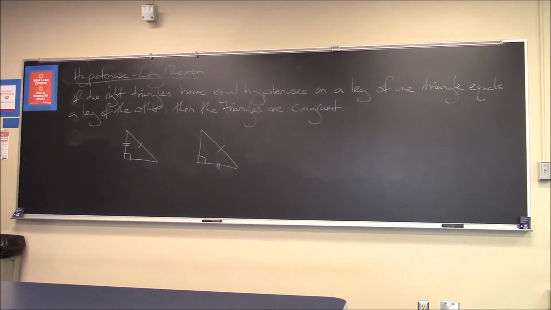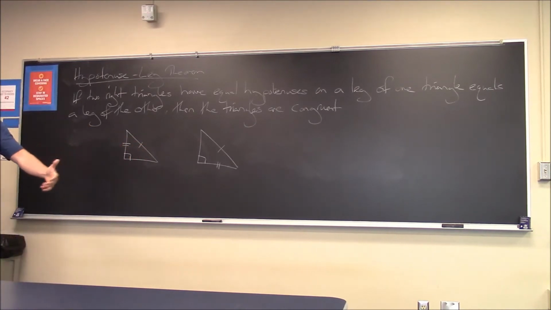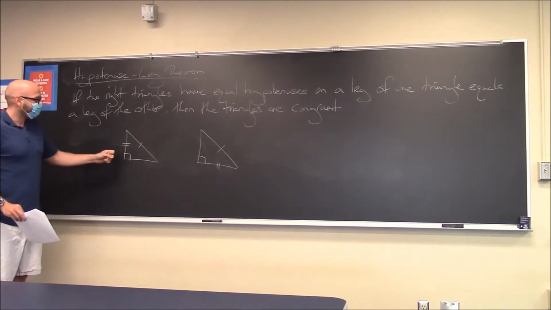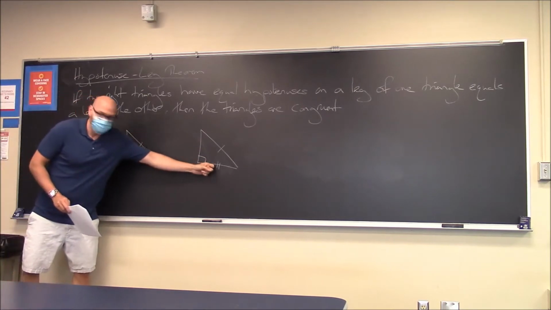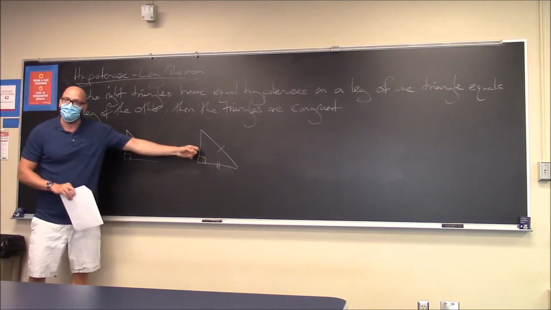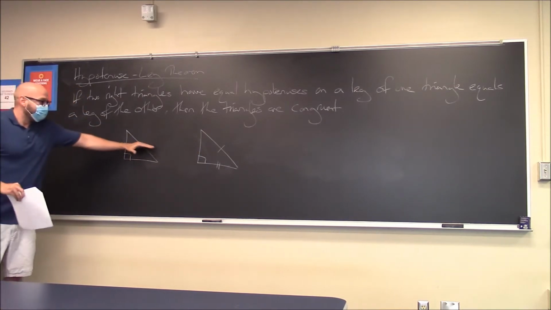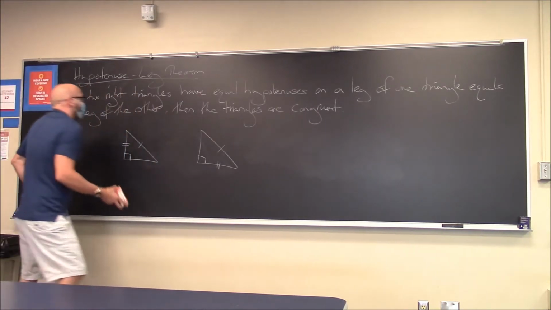That's why this is SSA for right triangles. And one very obvious proof, if you already accept the Pythagorean theorem as being true, right, a squared plus b squared equals c squared, well, if the hypotenuses are the same length and the two of these legs have the same length, then obviously the third legs must have the same lengths. And then SSS says these are guaranteed to be congruent. But we don't have that yet, so we'll write a separate proof.